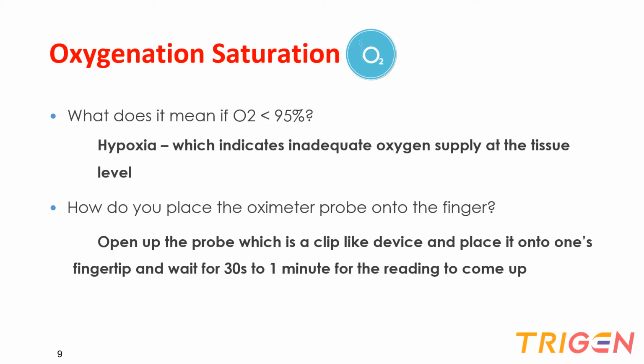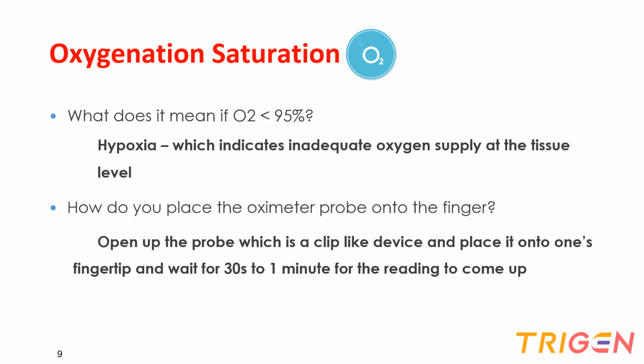Oxygen saturation is the fraction of oxygen-saturated red blood cells relative to total red blood cells, both unsaturated and saturated, in the blood. A normal level would be between 95 to 100%.